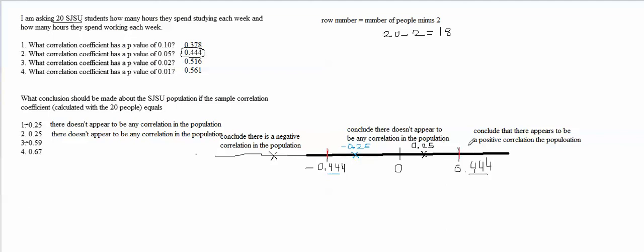So the middle area was in here. The left area is out here. Since negative 0.59 falls in this left area, we conclude that there's a negative correlation in our population.